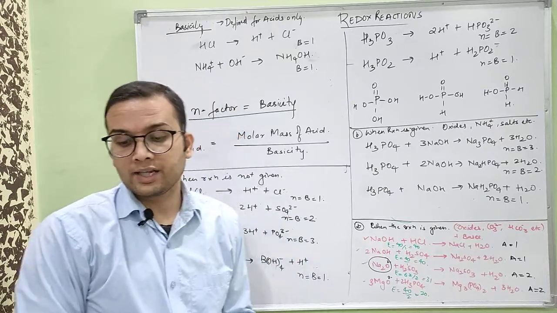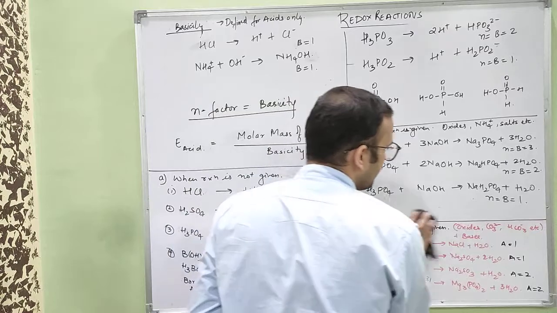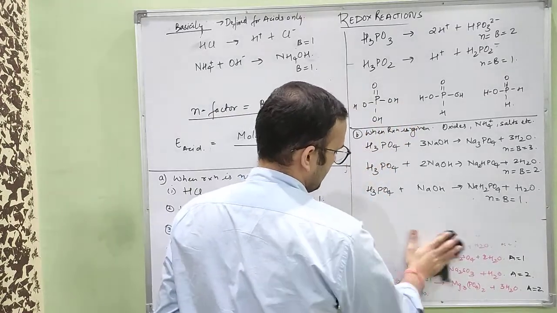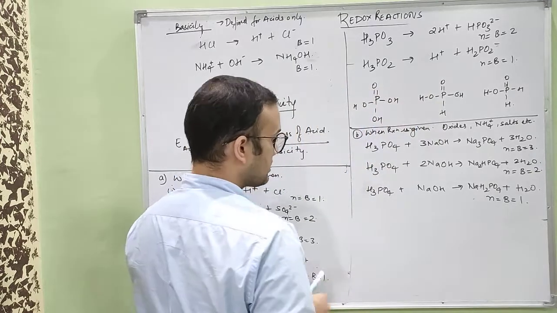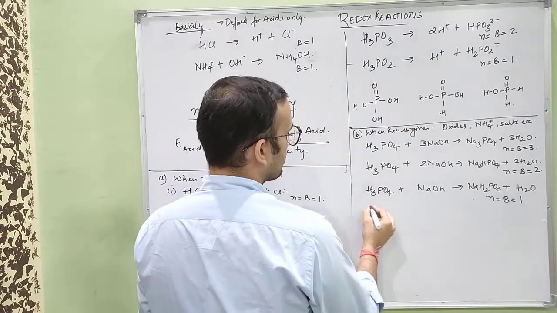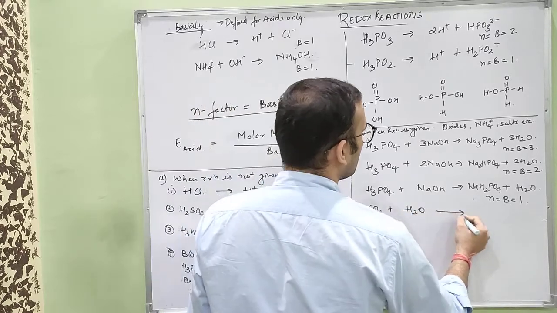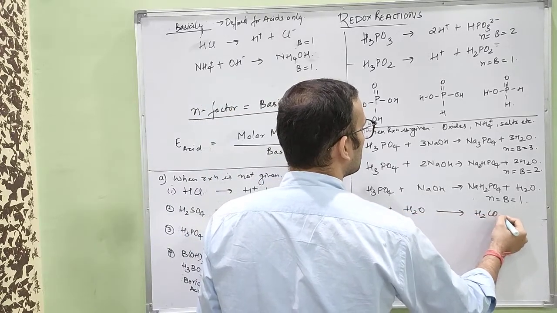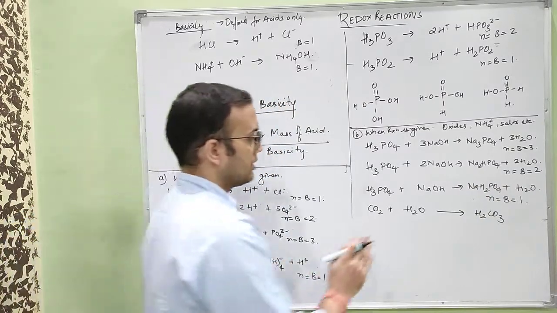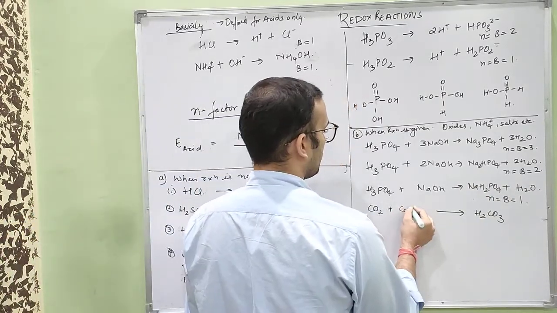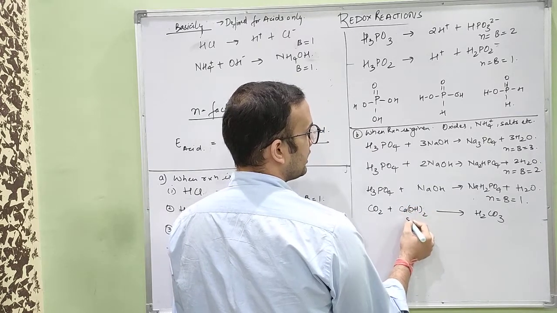Like for example, let's say oxides. Let's take examples of oxides. For oxides, let's say CO2 plus H2O, this comes out to be H2CO3. Okay, not this one. Let's take this Ca(OH)2. This is called slaked lime.